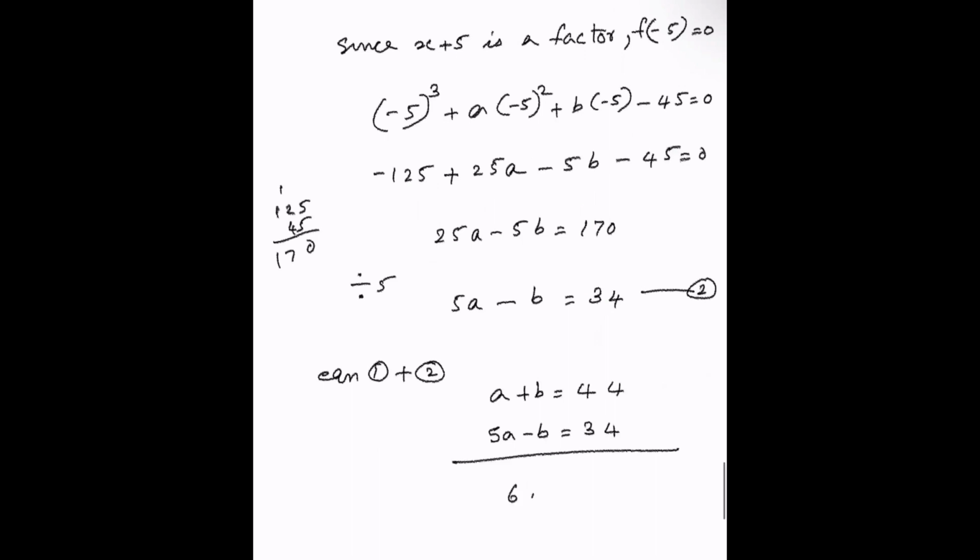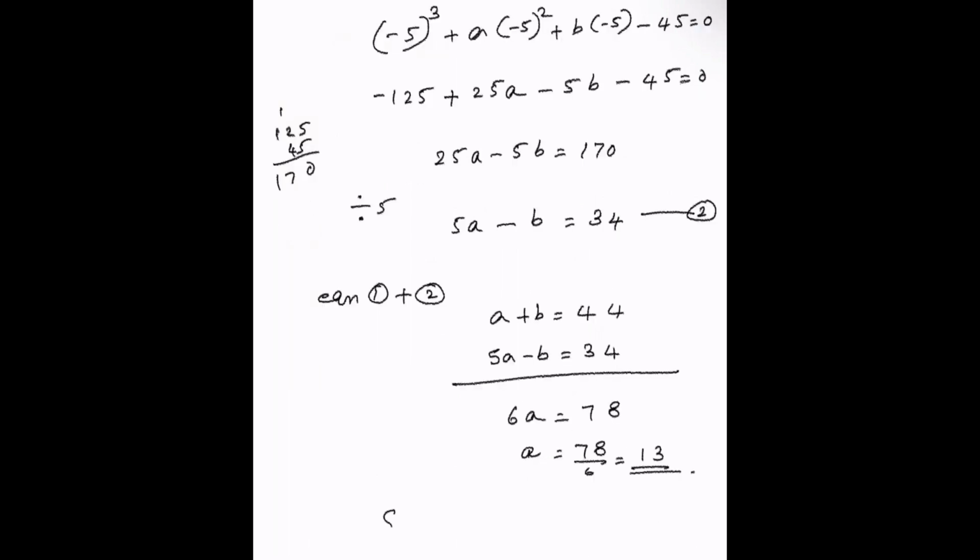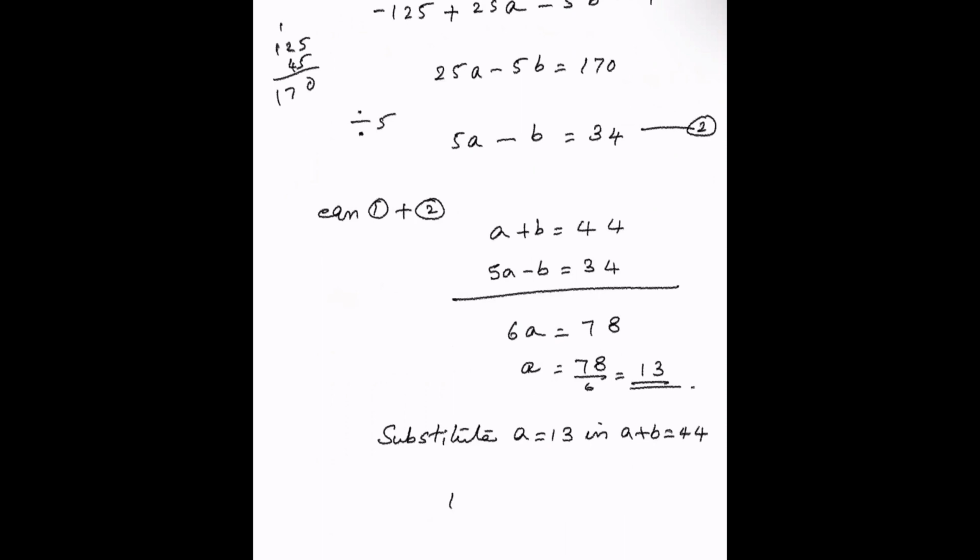That gives me 6a is 78. a would be 78 by 6, which is 13. So substitute a equal to 13 in a plus b equal to 44. So I get 13 plus b equal to 44, which implies b equal to 44 minus 13, b equal to 31.